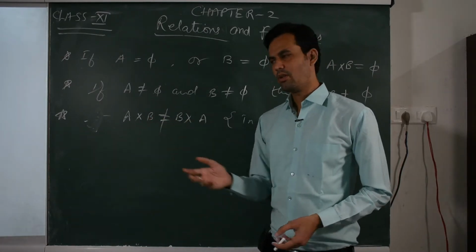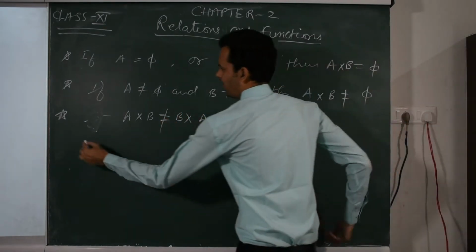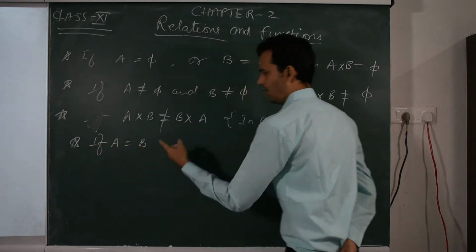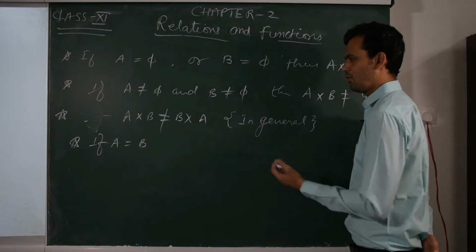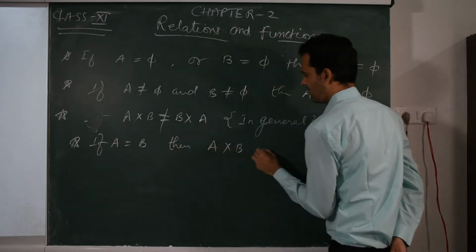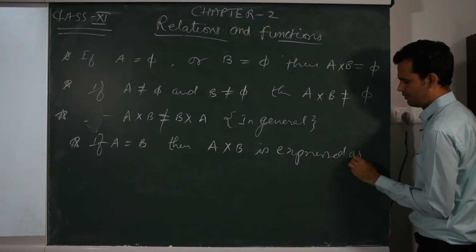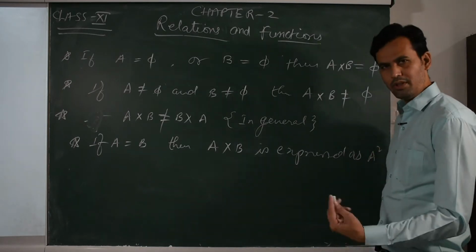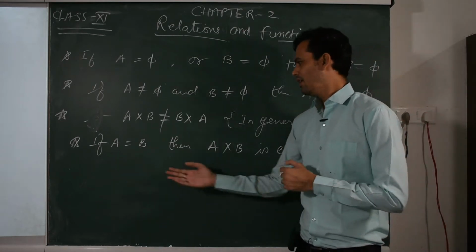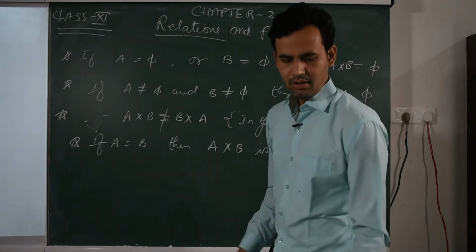So in general these are not equal. Then fourth is, if A equals to B, A and B are two equal sets, then A cross B is expressed as A square, because we write A into A, which is called A square. So these are 4 points which are important for exercise.